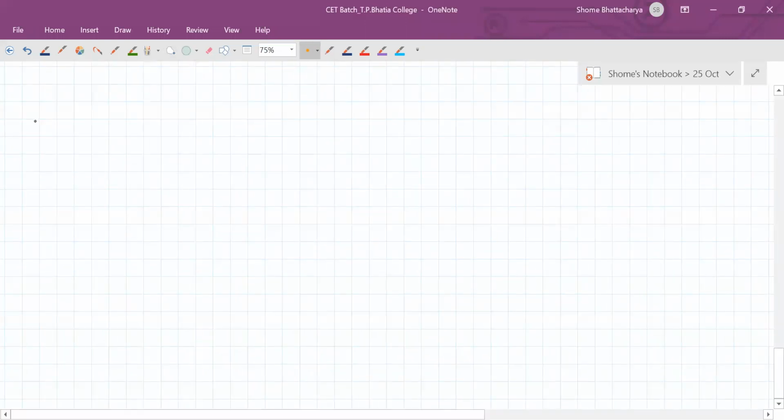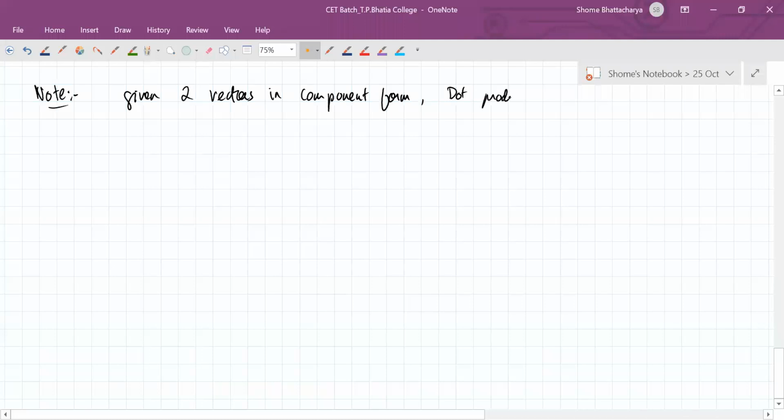So final thing about dot products. Given two vectors in component form, the dot product can be used to find the angle between them.